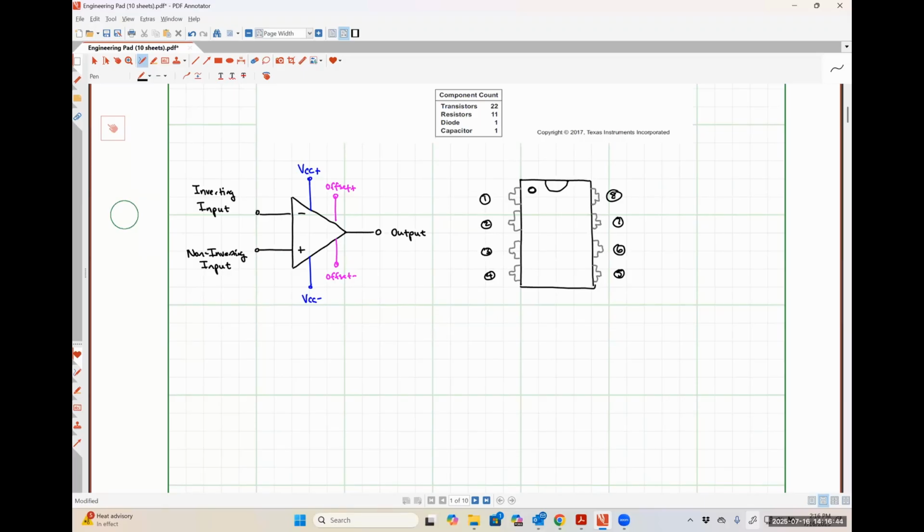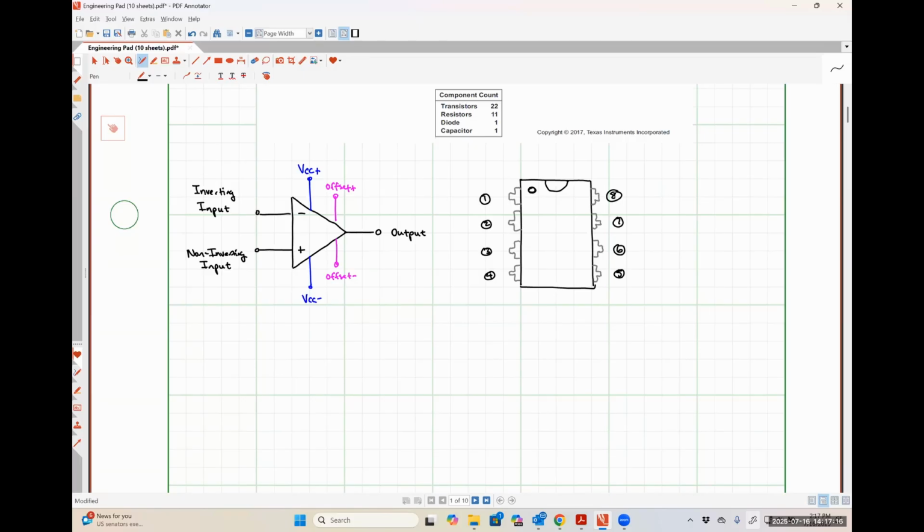I'm not going to spend a whole lot of time talking about the benefits of negative feedback versus positive feedback versus open loop operation, because for the overwhelming majority of us, that part doesn't really matter. I would say 99% of op amp applications are actually in a negative feedback configuration, and so that's the only thing that we're concerned about here in circuits 1.